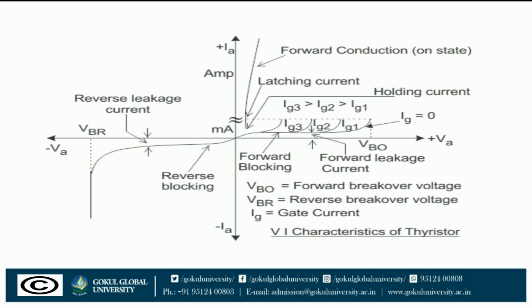As other junctions J1, J3 are already forward biased, breakdown of junction J2 allows free movement of carriers across the 3 junctions, and as a result, a large forward anode current flows. As stated before, this forward current is limited by the load impedance.